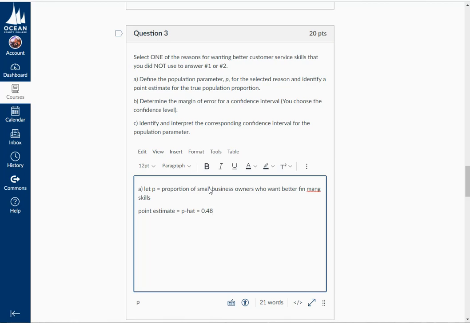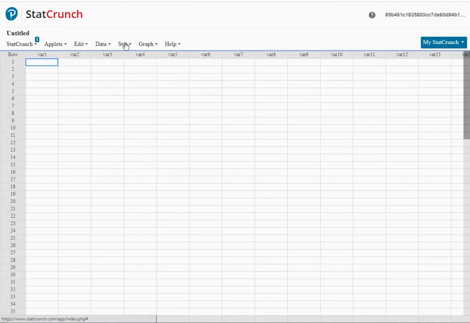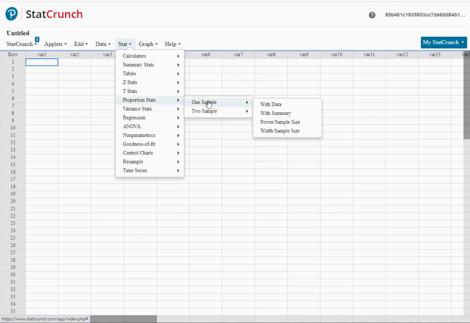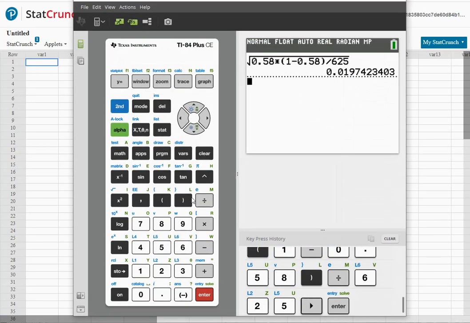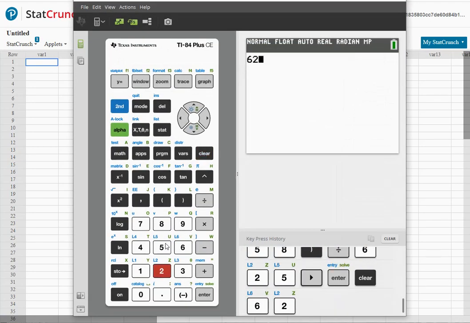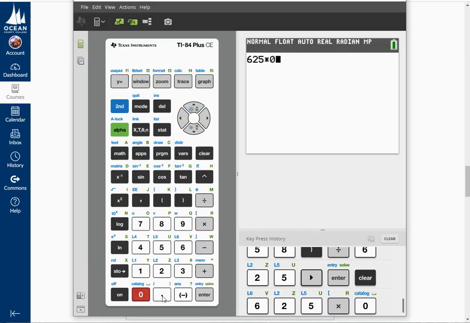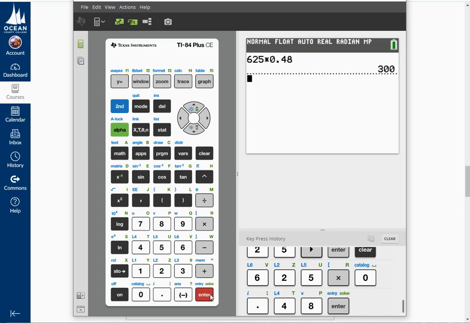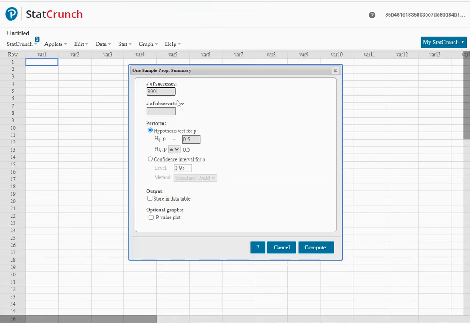All right, determine the margin of error for your confidence interval. So again, I'm going to use StatCrunch here. So I'm going to go Stat, Proportion Stat, One Sample, With Summary. So again, you need to figure out, it's 625 times 0.48. You get 300. So if you go into StatCrunch here, it was 300 out of 625, and I'll just do a 95 percent interval.